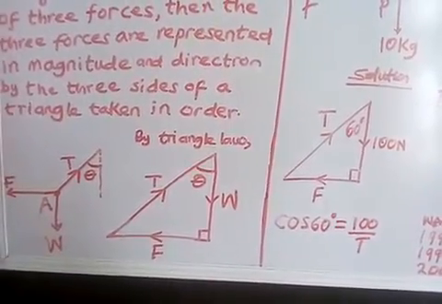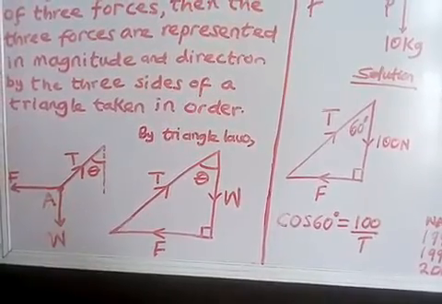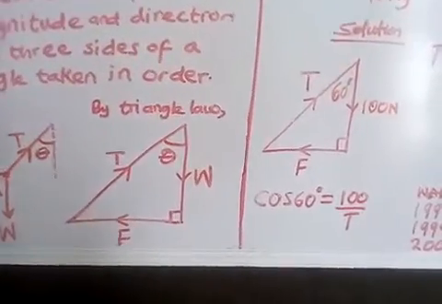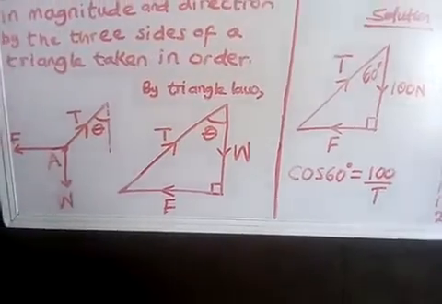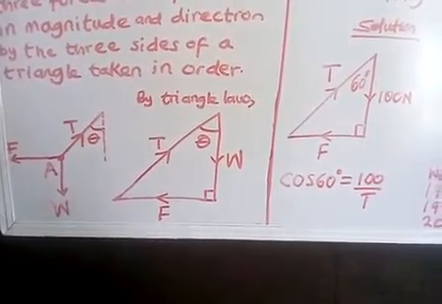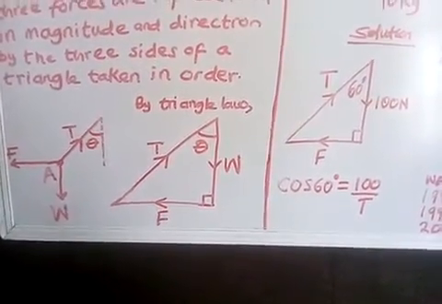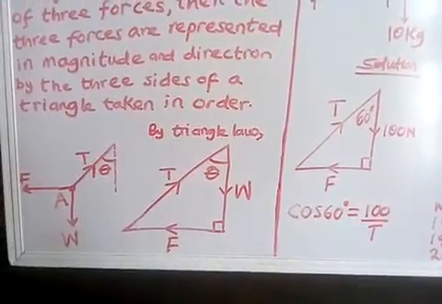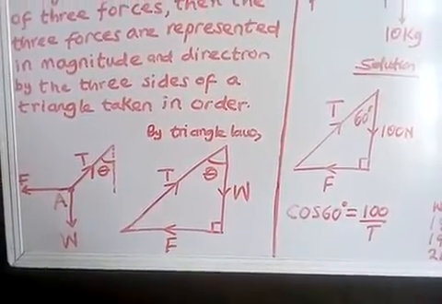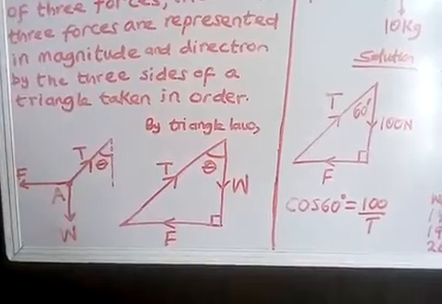Now, if I want to form a triangle from this, I'll have the shape to look like this without changing the directions of the arrows. I repeat, class, the arrow indicates the direction of each of the forces.